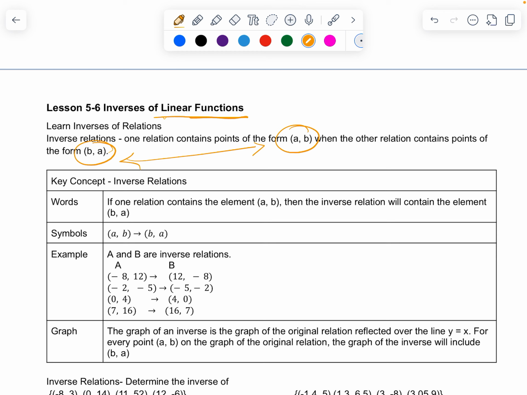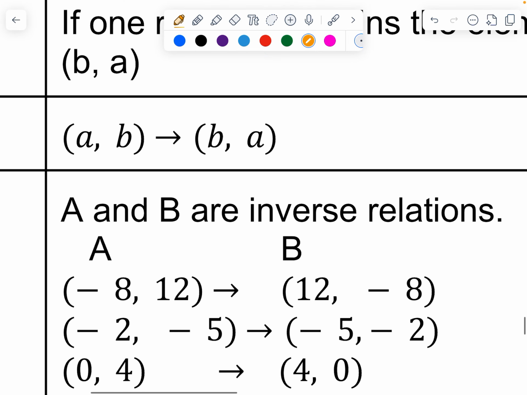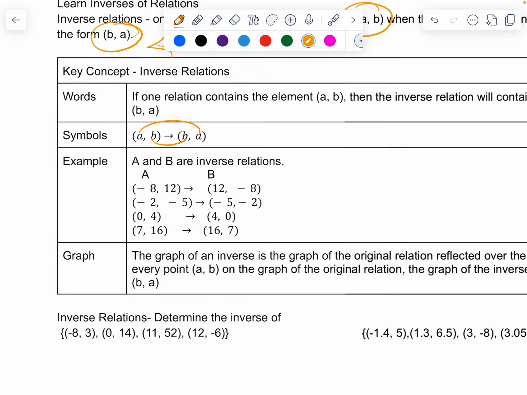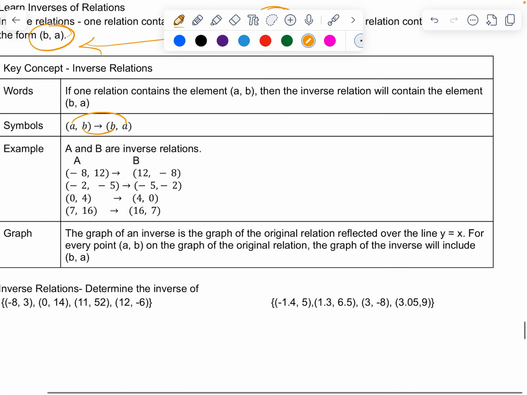I already went over that. If I look at it in symbols, a switched to this, b switched to this. That's all that's happening. All I do is switch around the x and y values. The graph of the inverse is the graph of the original relation reflected over this line.